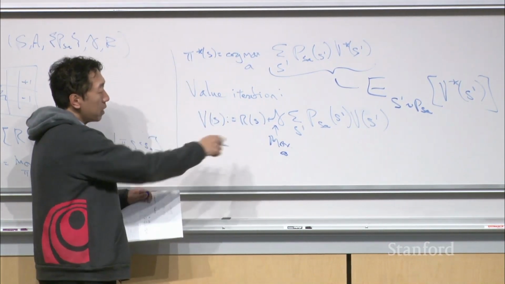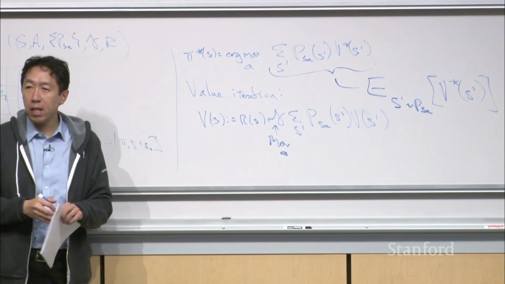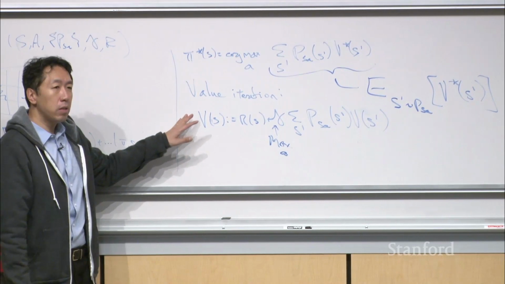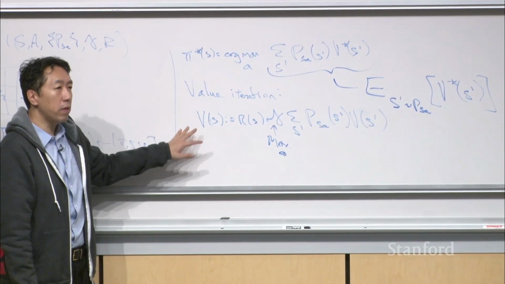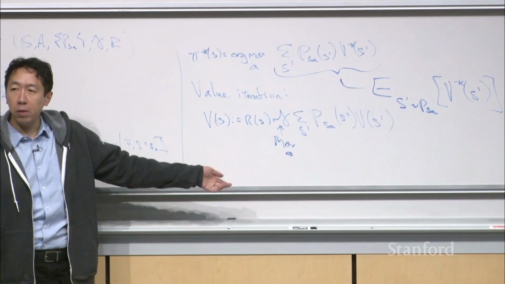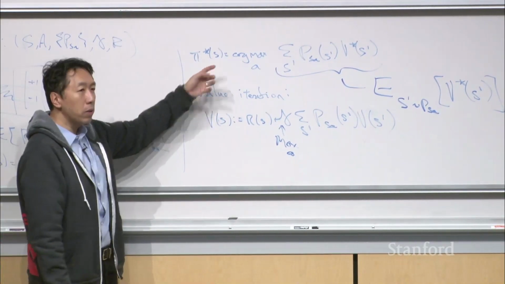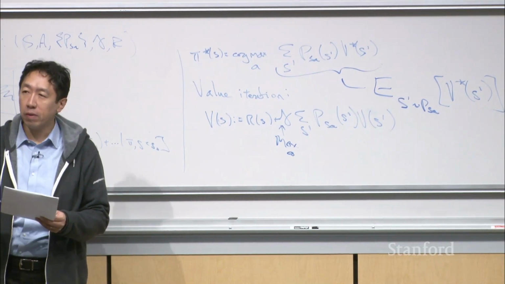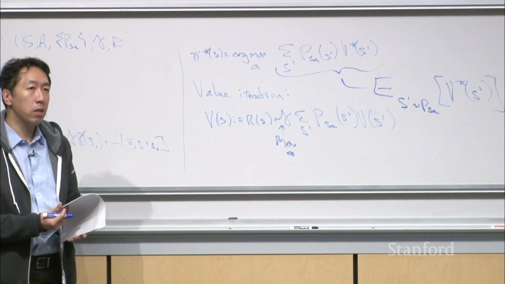If V was equal to V star, then the left-hand side and the right-hand side would be equal to each other. But what value iteration does is initialize V of S to 0 and repeatedly carry out this update until V converges to V star. And after that, you can compute pi star, or find for every state the optimal action A.